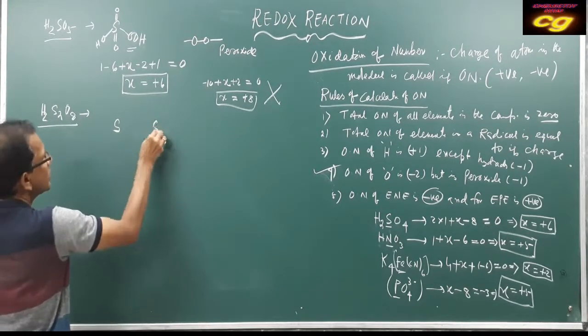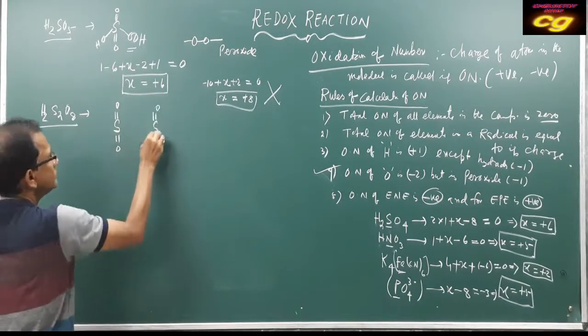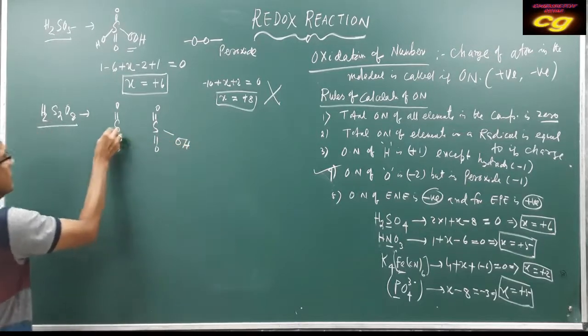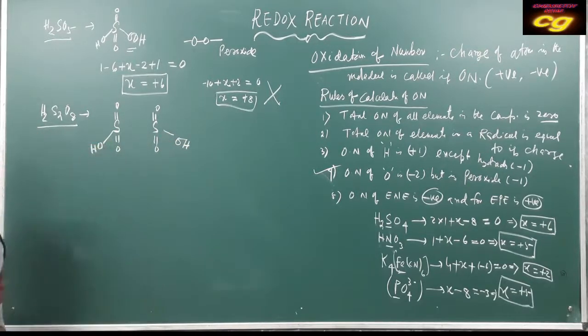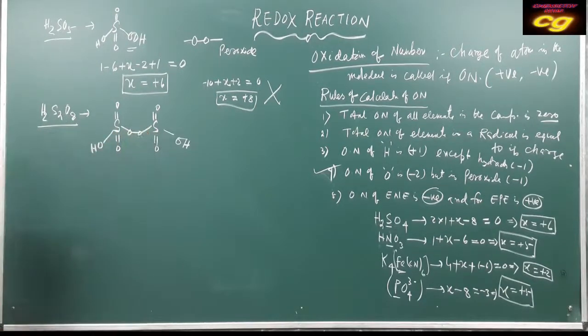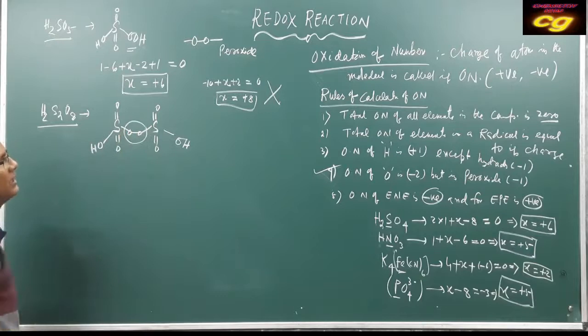Here is sulfur with a double bond to O, then 2 oxygens with hydrogen, like this. Then the remaining 2 oxygens are like this. This is the peroxide linkage.